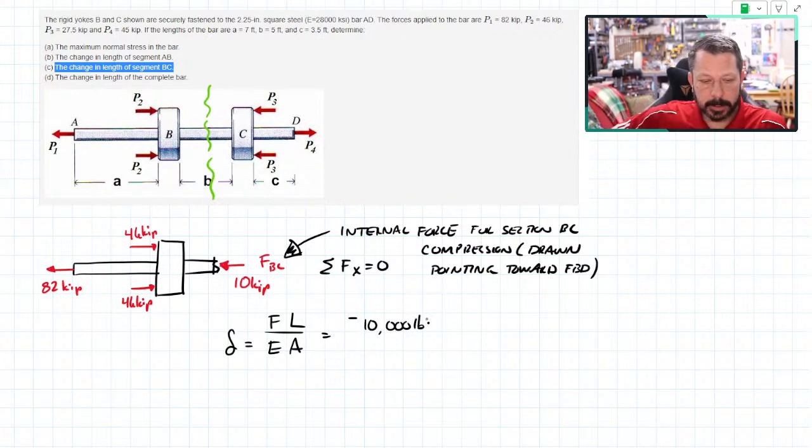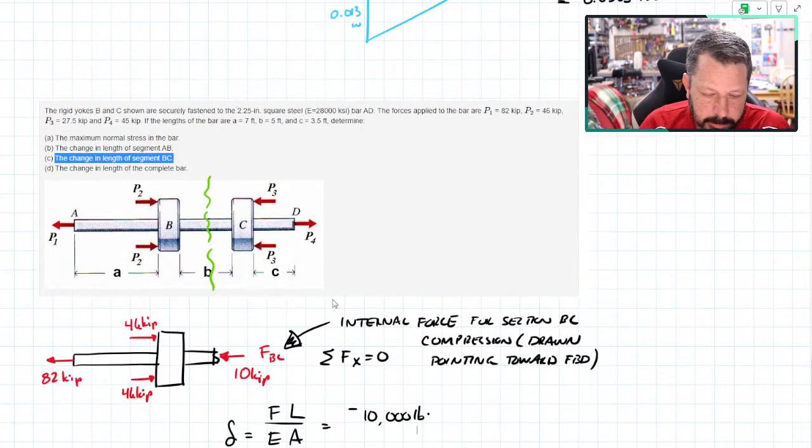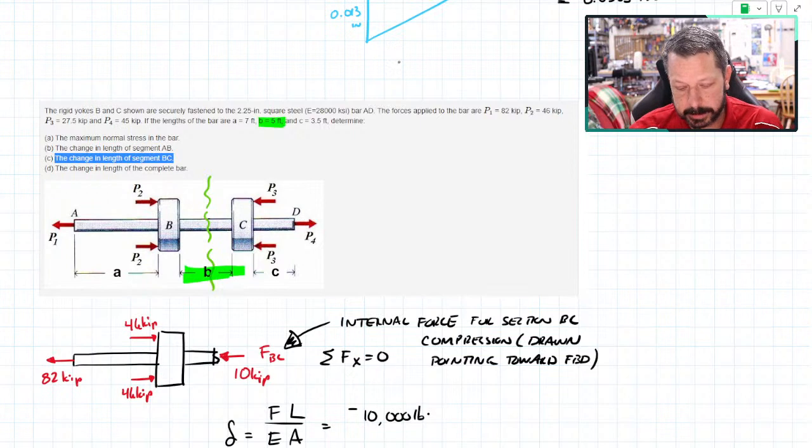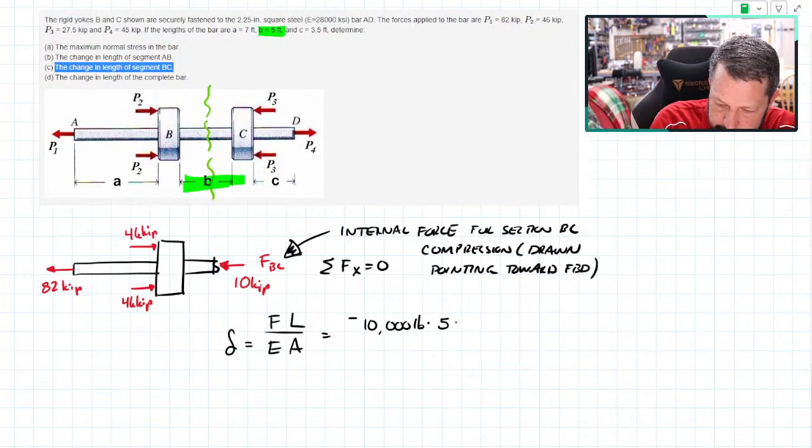The length of just section BC is labeled as B in my diagram, which is 5 feet, which I will translate to inches. So 5 feet, there are 12 inches per foot.